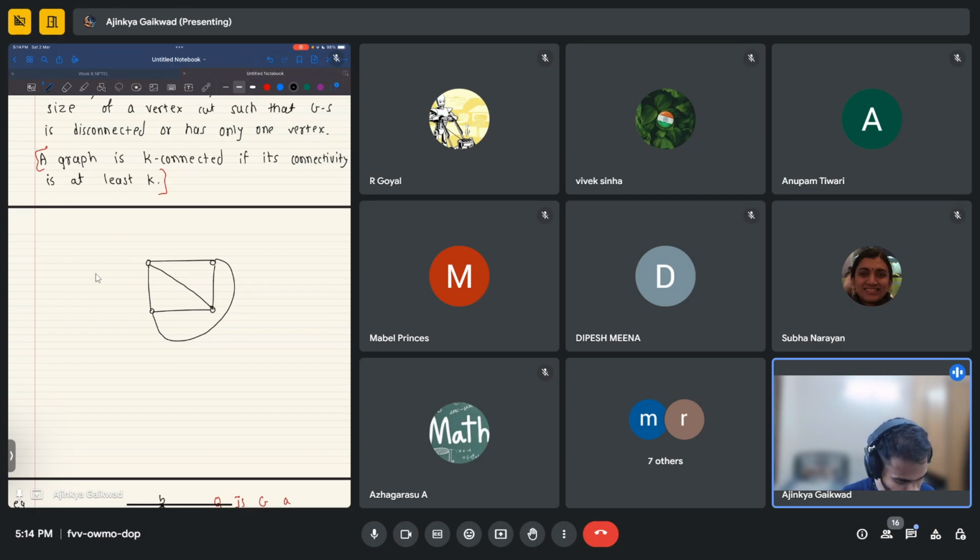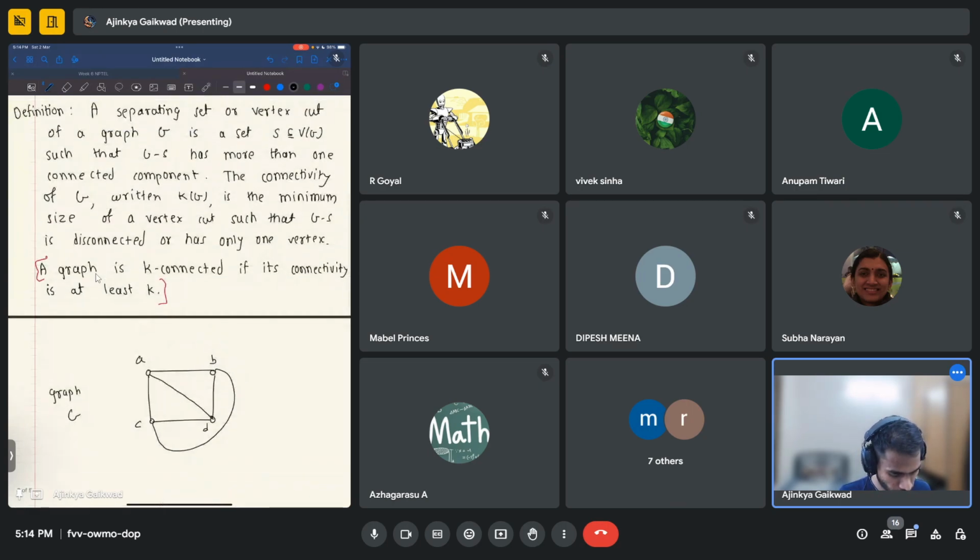Okay, so let's say here is a graph G. Can anyone give me a vertex cut for this graph? I'll keep the definition here.